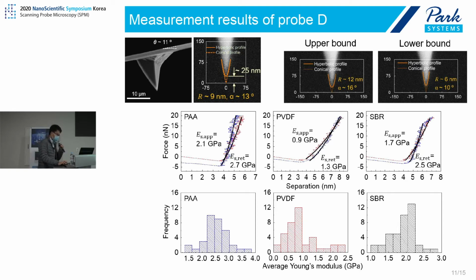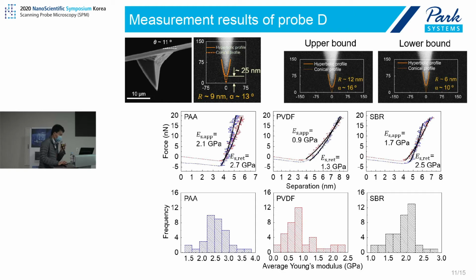So in this case, I considered the upper and lower bound of the tip shape by comparing the profile and the SEM image. The final tip radius is determined to be around 9 nanometers. And for comparison, I plotted the conical profile in this case.